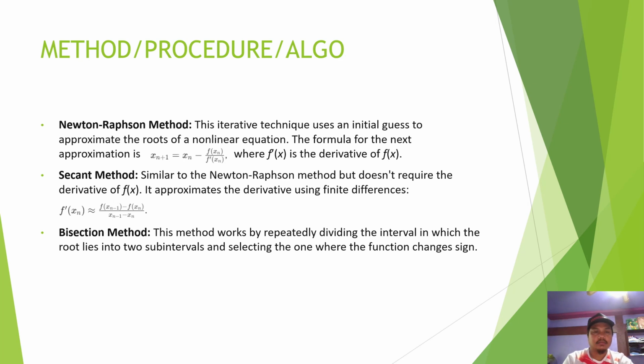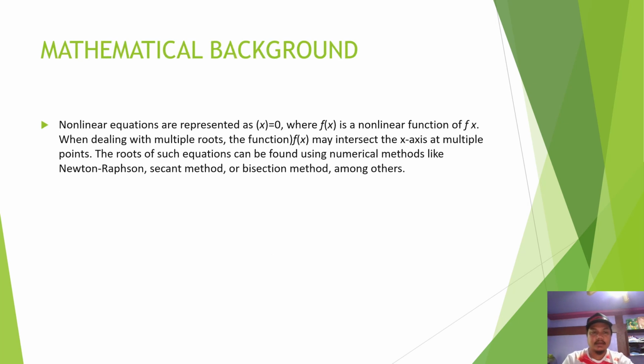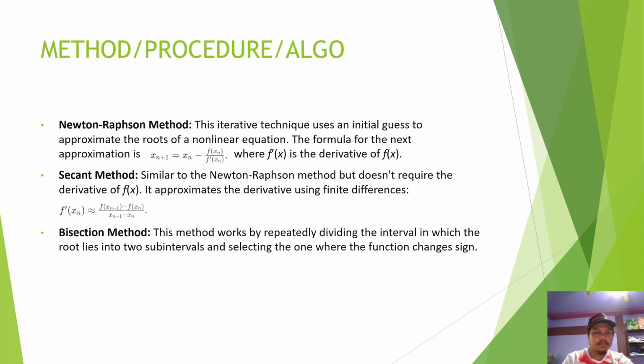One of the methods for finding multiple roots is the Newton-Raphson method. This iterative technique uses an initial guess to approximate the roots of a nonlinear equation.